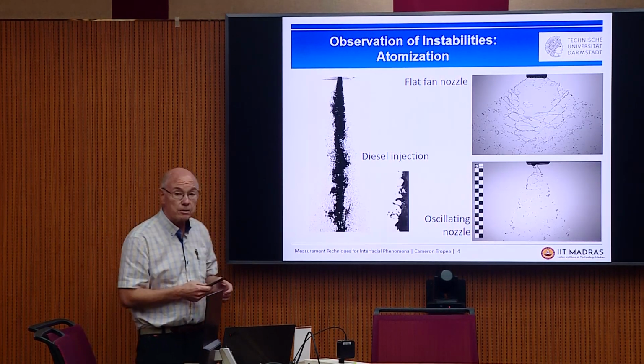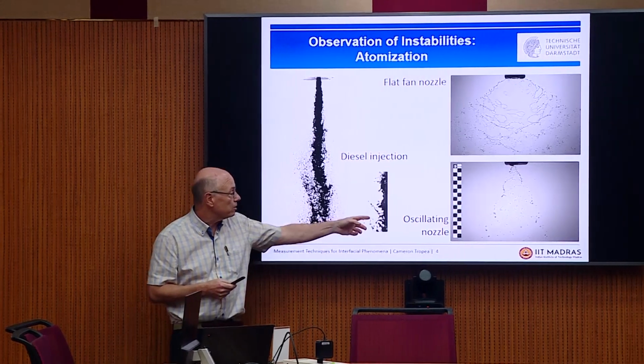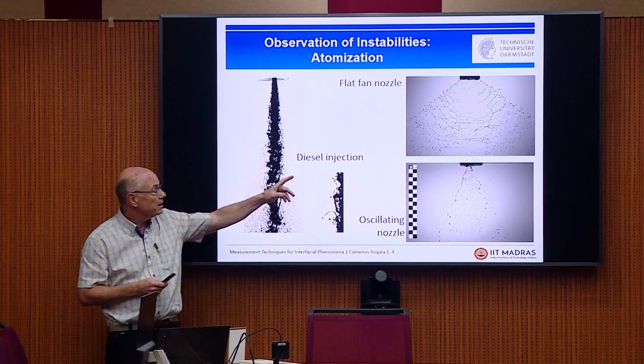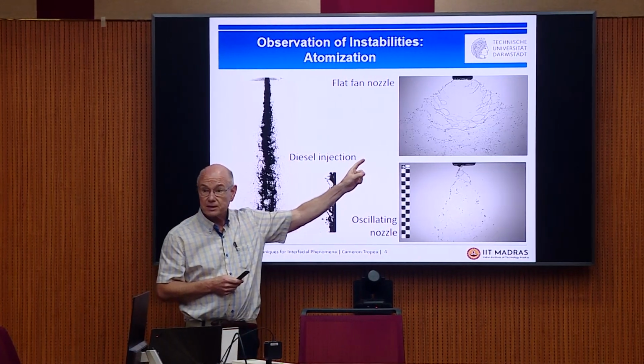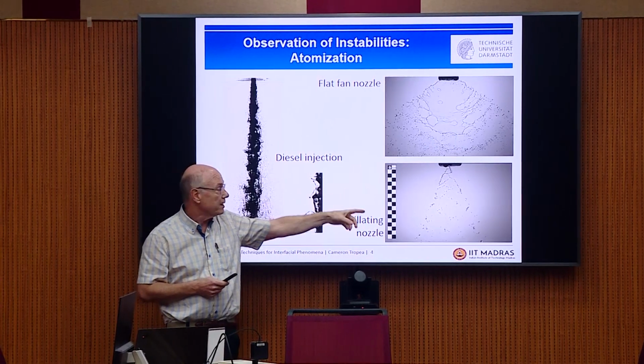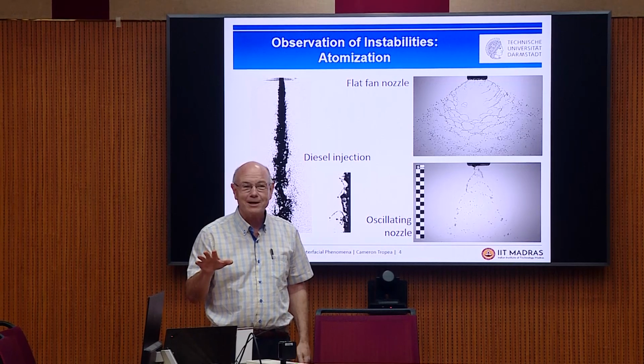And these are now some further examples. This is a diesel injection spray, and that's a close-up of the first 3 millimeters. And over here, that's a flat fan spray nozzle that you'd use in agricultural spraying for crop spraying. And I don't know if anybody here owns a BMW 5 Series.